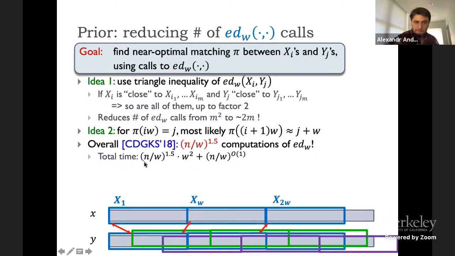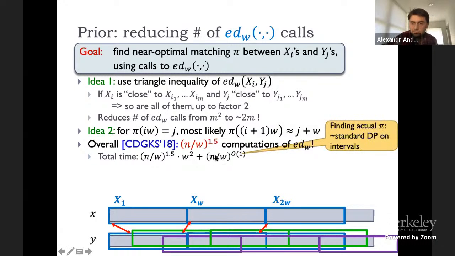This is how many recursive calls to computing edit distance on shorter strings we need to do. Each of them, if we use just the standard exact edit distance algorithm, takes w squared time.